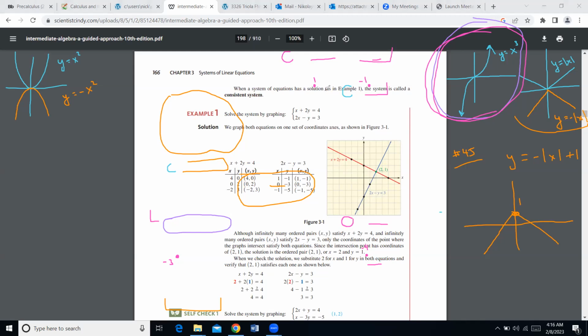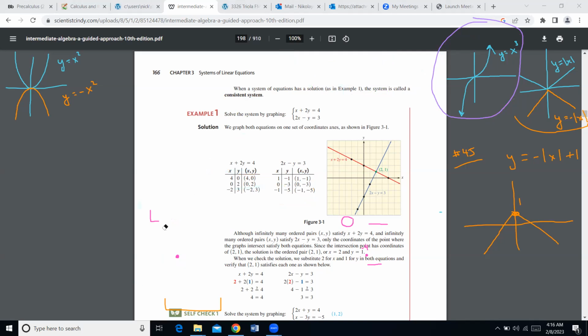Like in example 1 on this page, they give us two equations. They call it a system because they put that big grouping symbol, which is called braces. Then they graph those two lines. And then from the picture, they are able to find the point of intersection of those two lines.